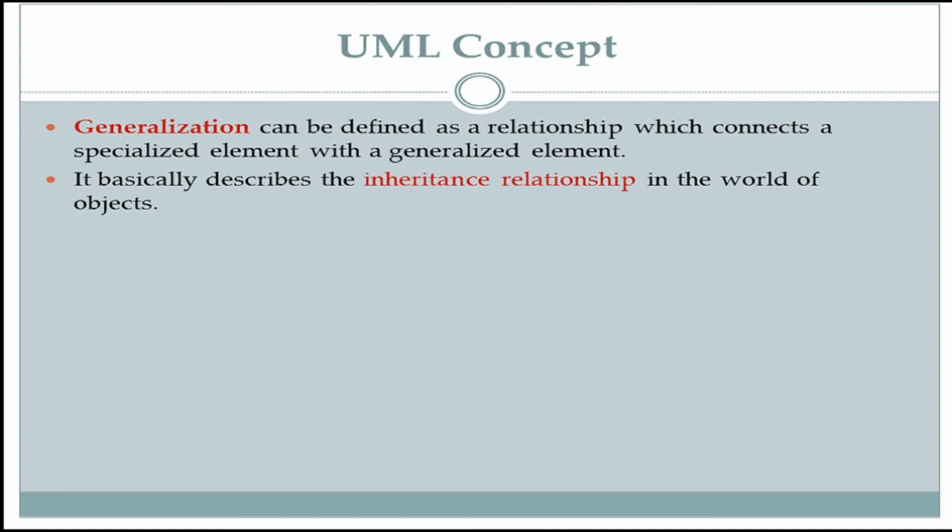Consider the concept of inheritance where we have one or more parent classes and one or more child classes. In such a scenario, we have to use generalization relationship. The graphical representation for generalization relationship is a solid line with a directed arrow in one direction.